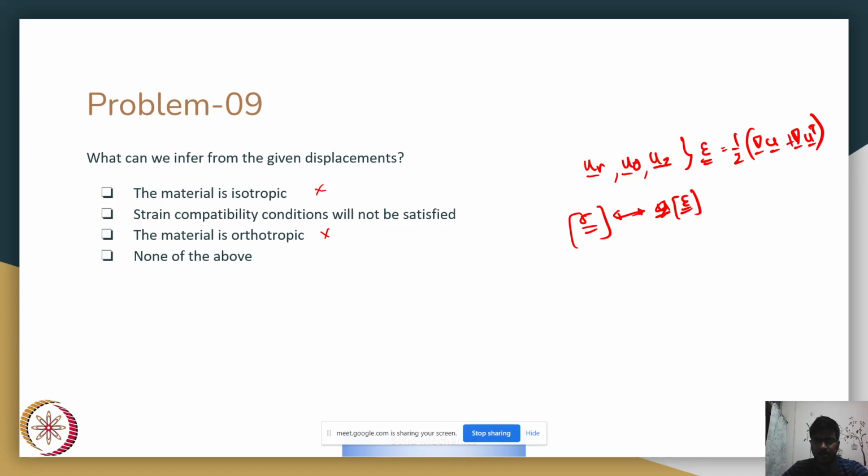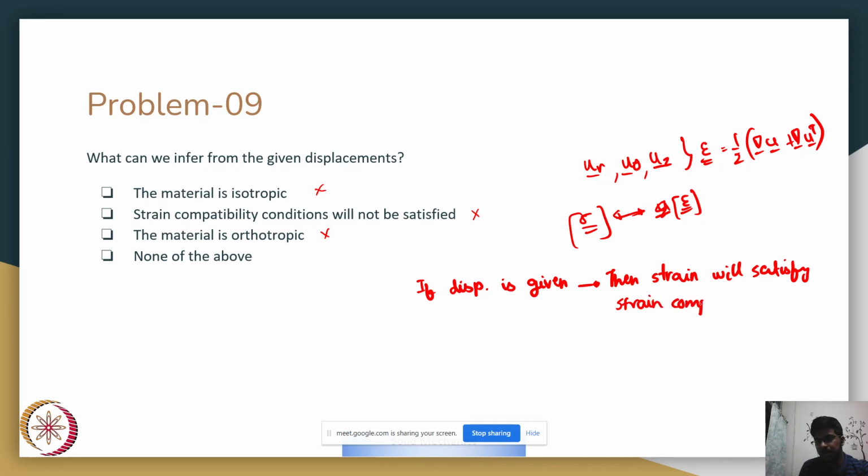Yes, if displacement is given, then strain will always satisfy the strain compatibility equation. So we can't infer anything. So none of these three options can be inferred.